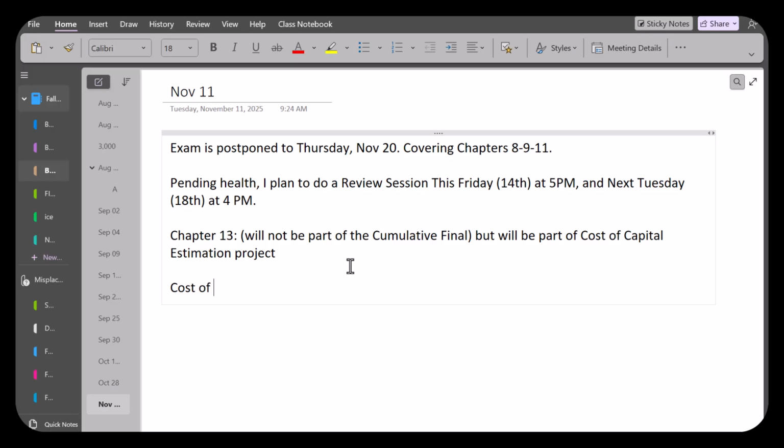Now, what do we mean by cost of capital? As you may remember, during chapter 5, we talked about investment evaluation criteria, things like NPV, IRR, and that sort of stuff. And we took two types of things as given.